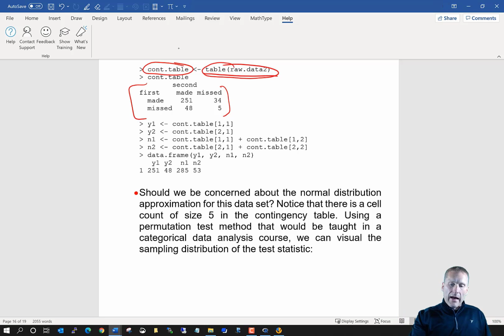And then I can pull out what Y1 would be by the 1, 1 element. In other words, row 1, column 1. So the first number is always the row. The second number is always the column. We've seen this before with actual data frames. You can do a similar thing for Y2, N1, and N2 as well.